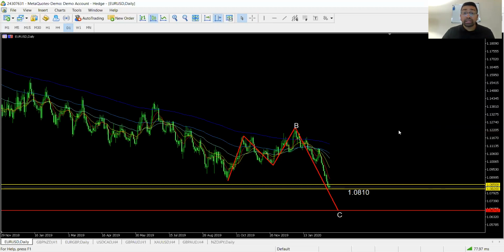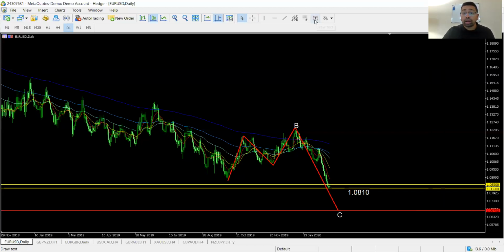So now we talk about price entry. Price entry for Euro USD for a sell can do a pending order, and that pending order can start under 1.0820. Now 1.0820 is your psychological level, so I'm looking at selling it only at least 10 pips under 1.0820. So that gives us a selling price. Let me just type that out as well.